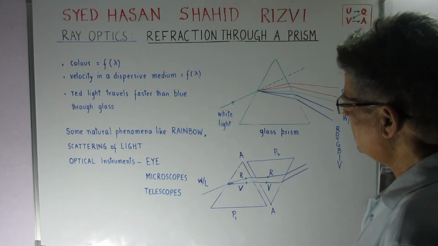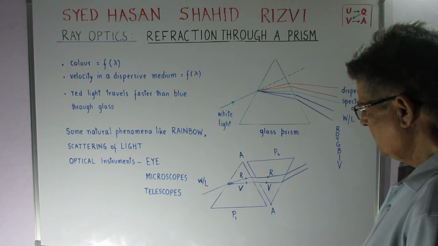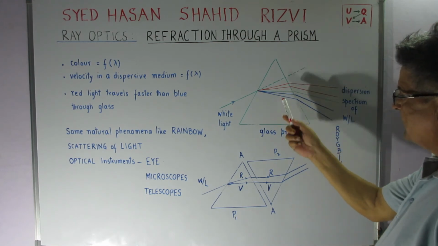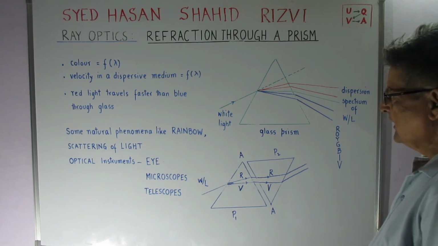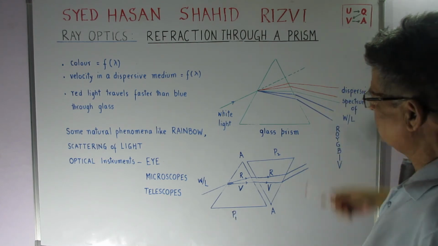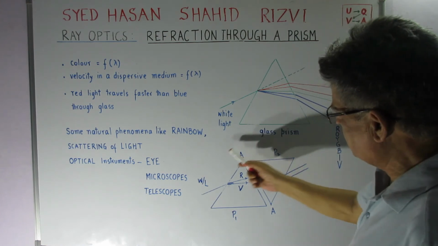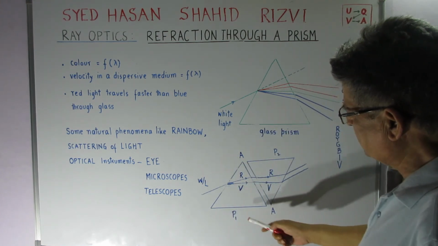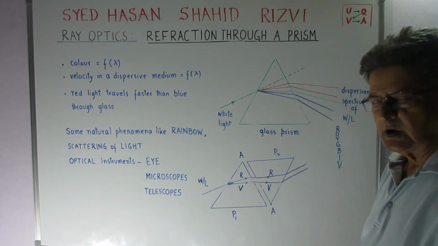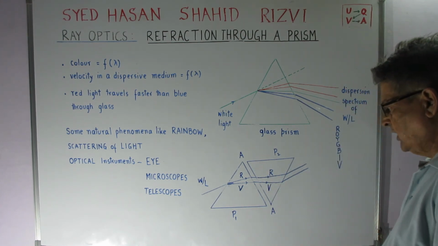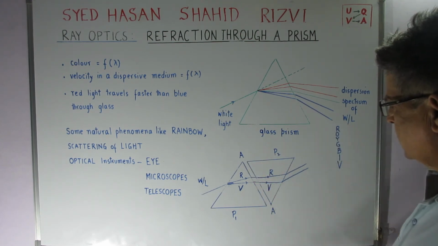Once upon a time, people thought that the dispersion is due to the prism: white light comes in and the prism gives the colors. But later on, there was an experiment where two identical prisms P1 and P2 were used, with the same angle of the prism A here and A here.